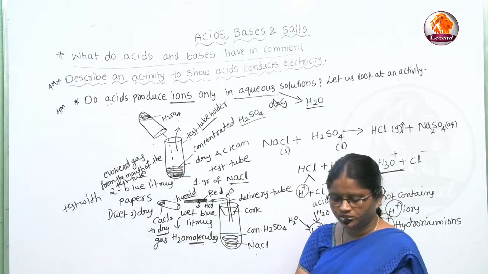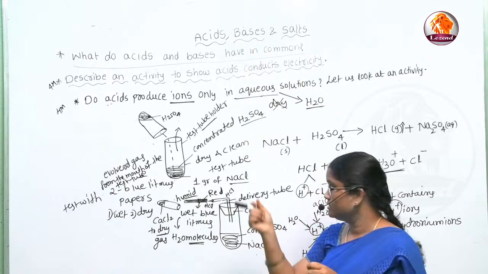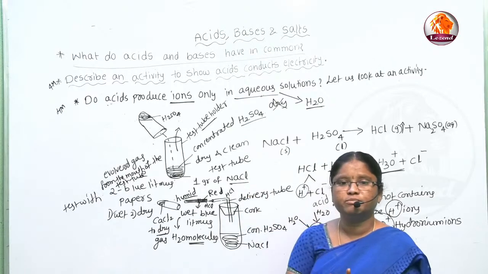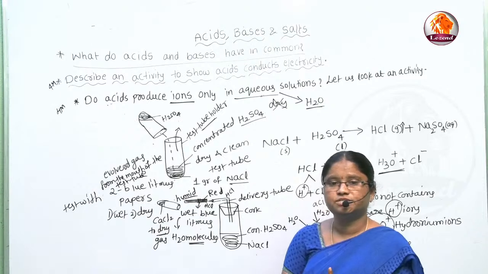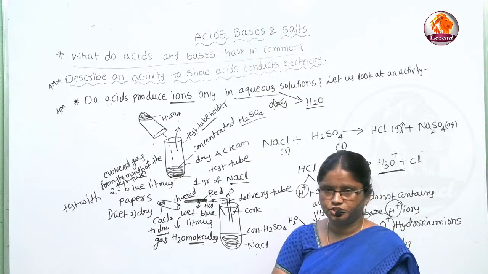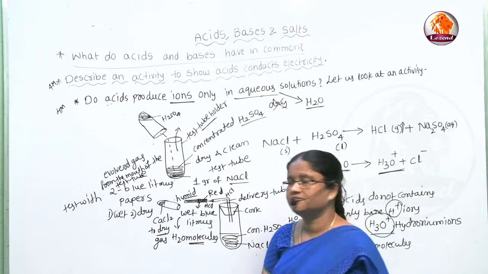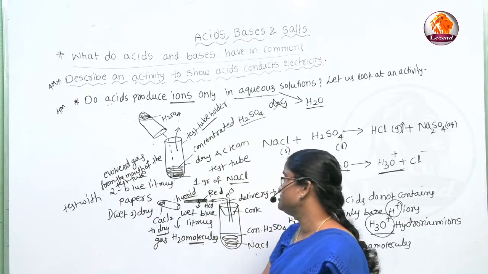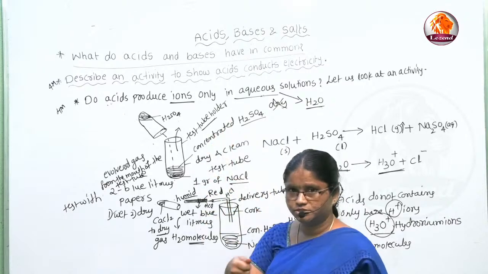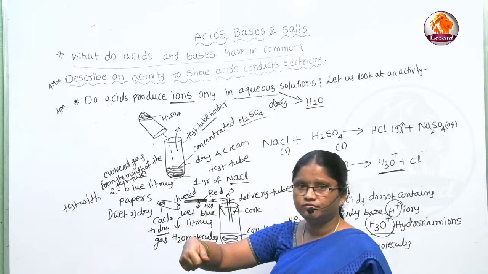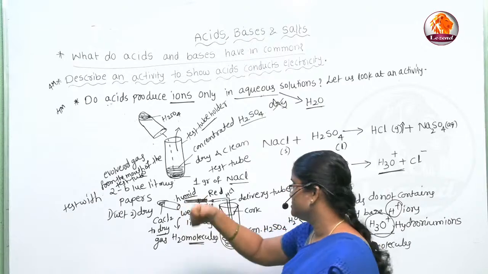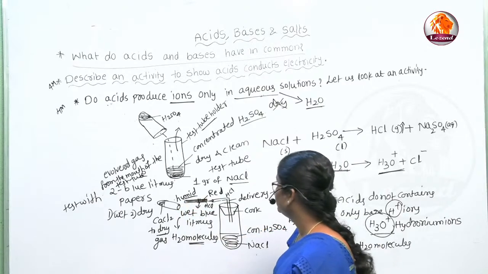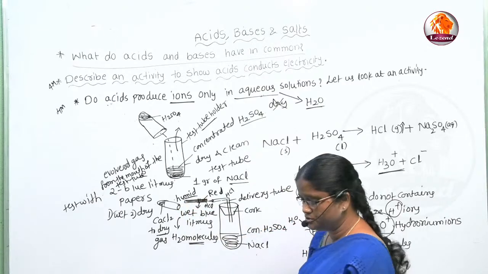Bare hands means without wearing any gloves or without a holder. The handle of the test tube holder will be wood. So while doing the activity with concentrated acids, we need to take this precaution.